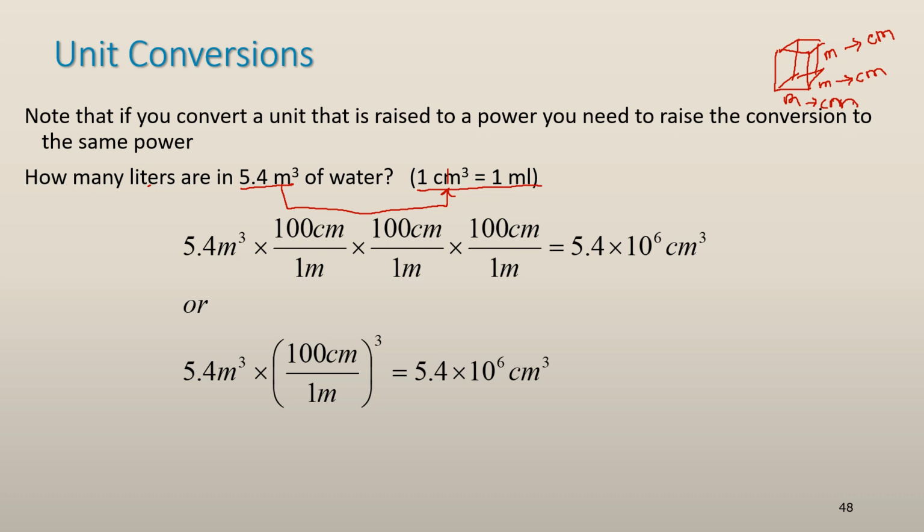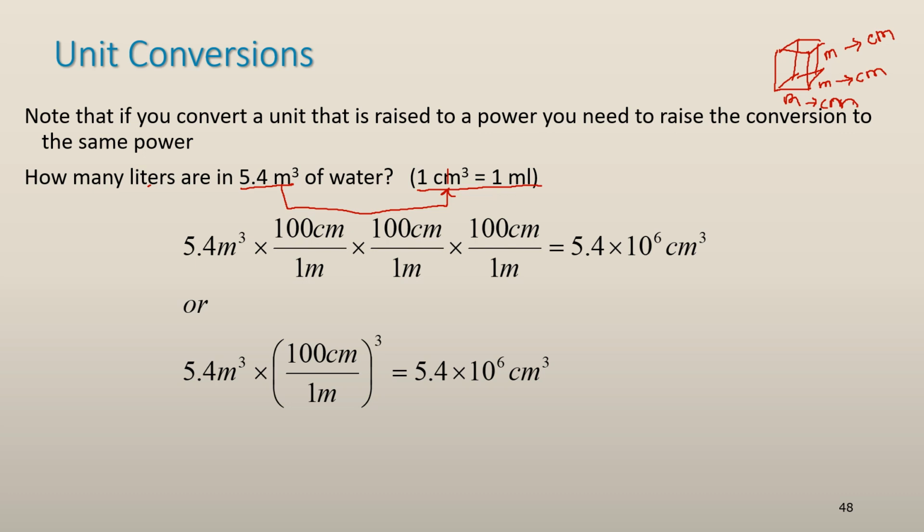So all 3 meters cancel, 1, 2, 3, because it's cubed, meters times meters times meters. So that's centimeters cubed, centimeters times centimeters times centimeters. Or you can use one conversion but cube it. So the meters cubed will cancel and the centimeters cubed will be my answer. Just be careful with that.